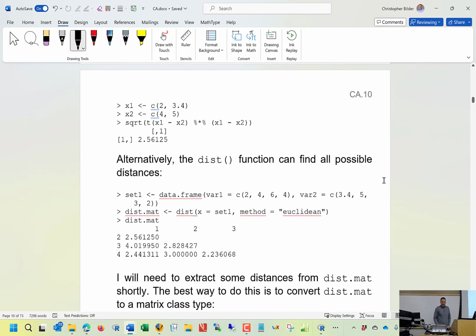Let me come back up here some. Sorry that I skipped around a little bit. So at the top of page 10, I show you in R how to do the actual math, if you were to find the actual distance between observation 1 and observation 2.